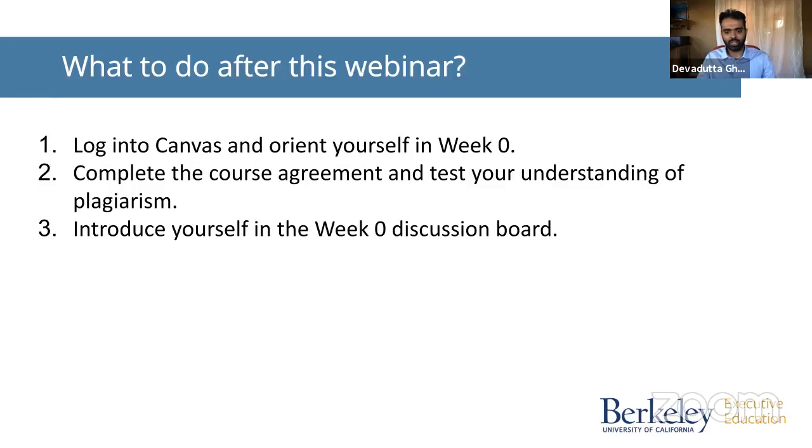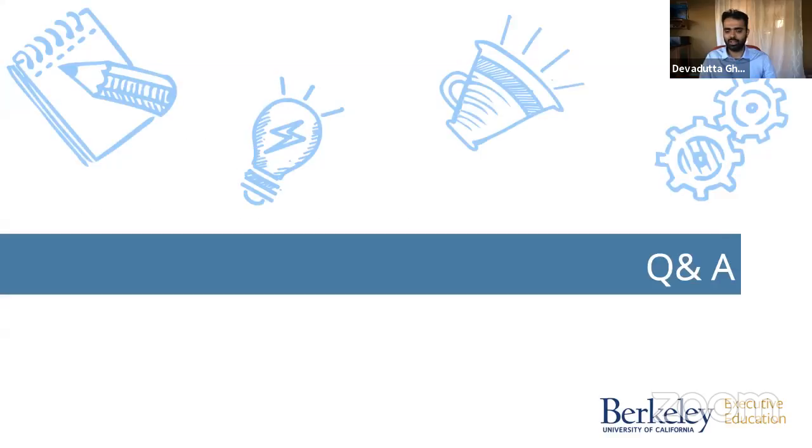The week 0 assignment is pretty much an introduction of yourself, where you talk about your background, what you've been doing, why you're interested in blockchain, and so forth. So at this point, we'll see if we have any Q&A and take questions.